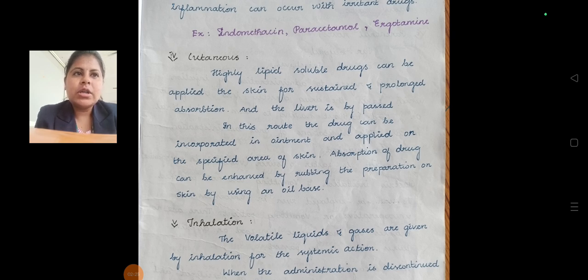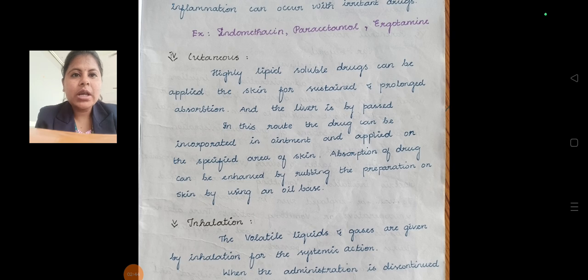So in this route, the drug is incorporated in the form of an ointment and applied on the specific area of skin. Absorption is enhanced by rubbing the preparation on the skin along with oil based substances.